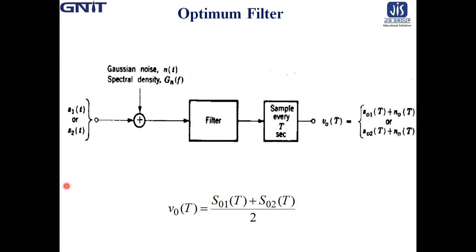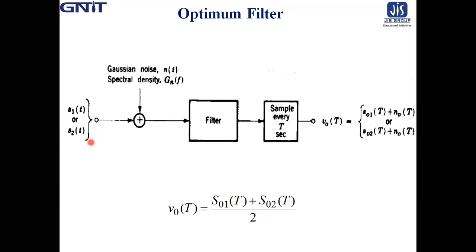We assume that the received signal is a binary waveform. One binary digit is represented by S1(t) and the other is represented by S2(t), and each persists for a time capital T.